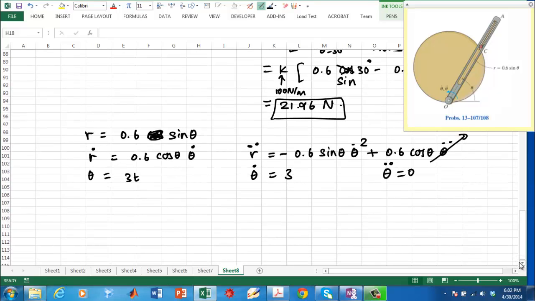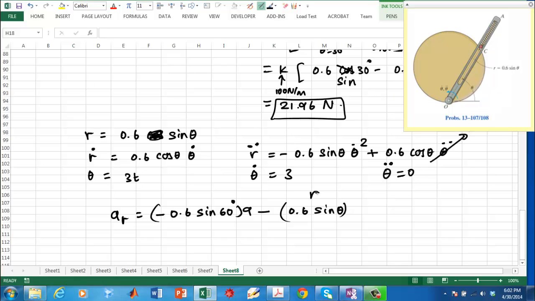So the acceleration in the radial direction, a_r, is r double dot minus r theta dot squared, where theta dot squared is 9.